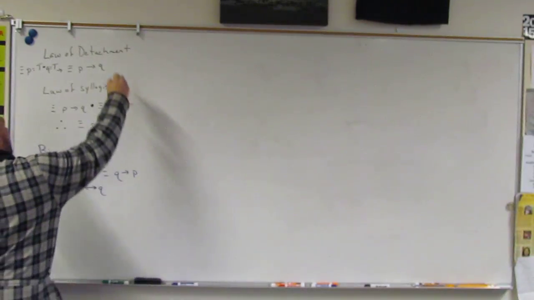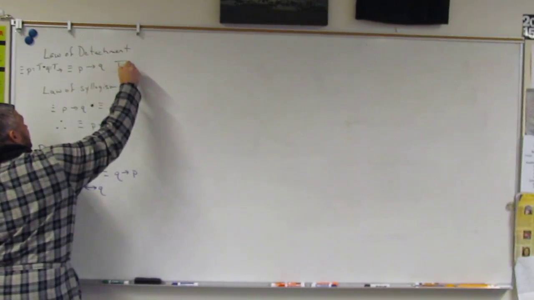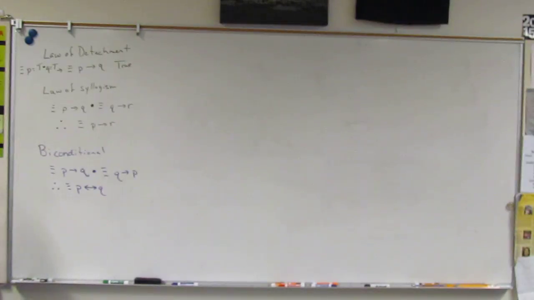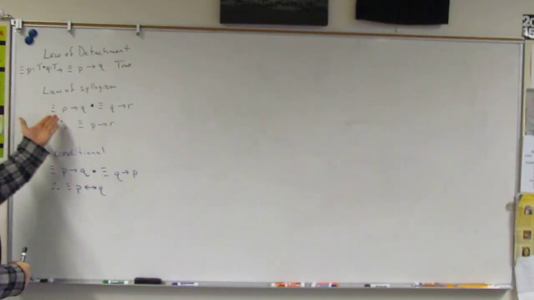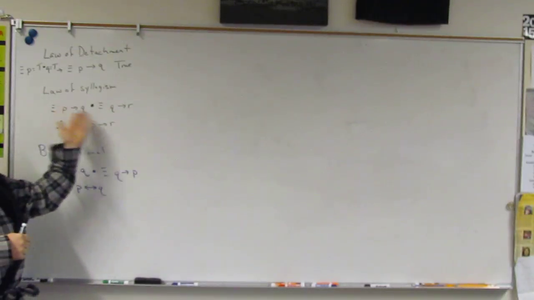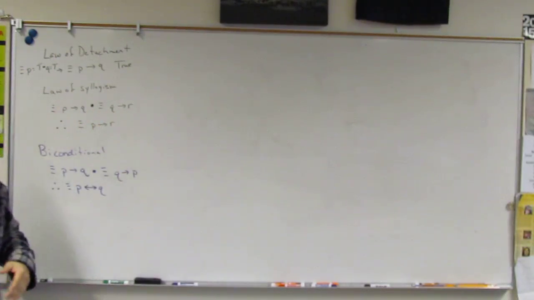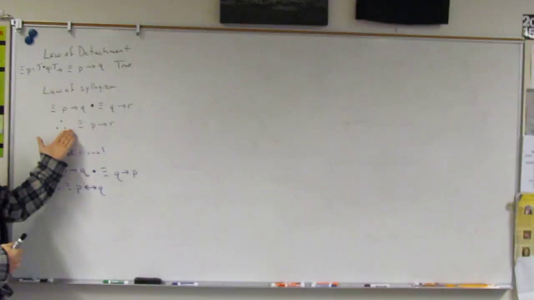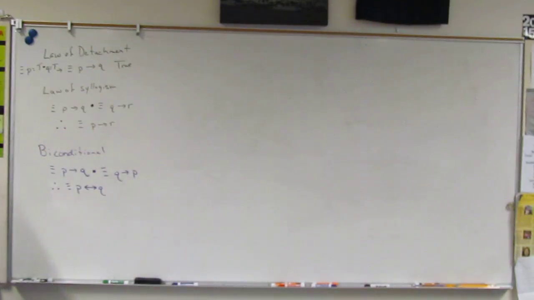Okay? That's what the law of detachment is saying. Okay? If P then Q is true, and if Q then R is true, then P then R is true. So it's a way of relating back to the logic.